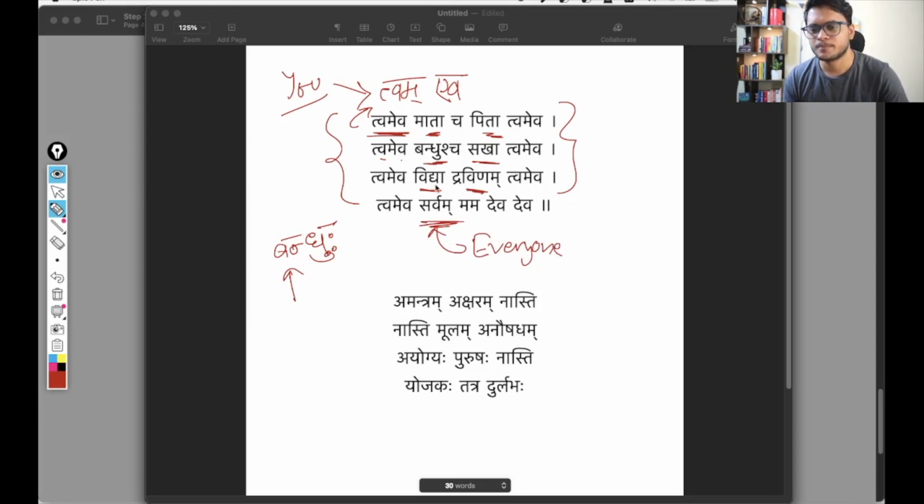Okay. So if you read this, there are two avyays also. There are two indeclinables also. The one is this ev. Ev basically means indeed. Or for Hindi speakers, you can think of it like he. Like you indeed are. Tum he.